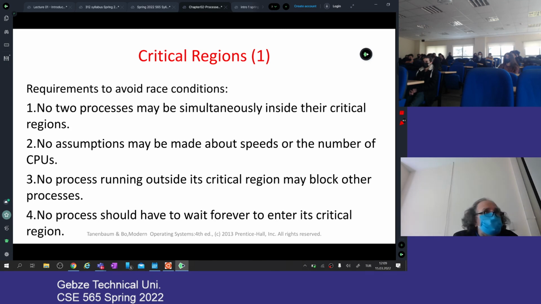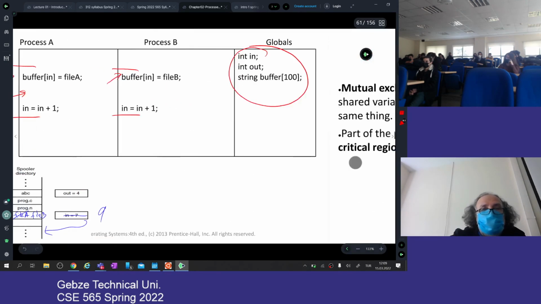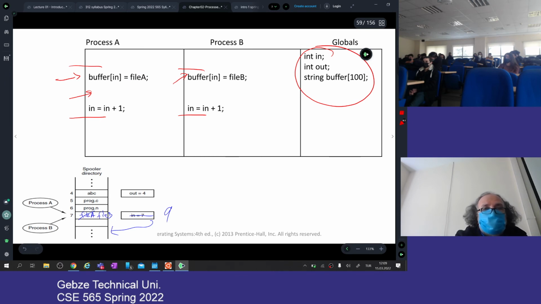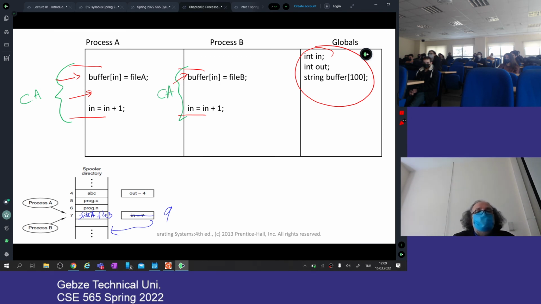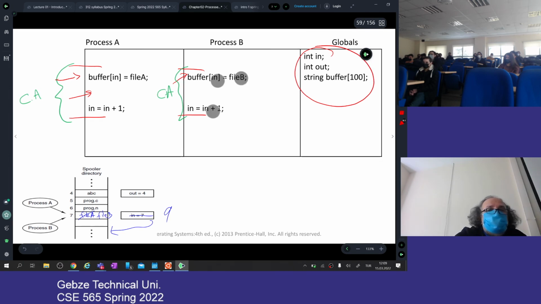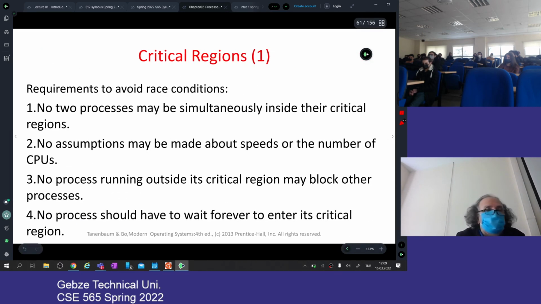So if this is critical region A for this process, and I am executing this region, process B cannot be in the same region. That's rule number one. That's obvious, right? Well, that's not it. There are other rules.